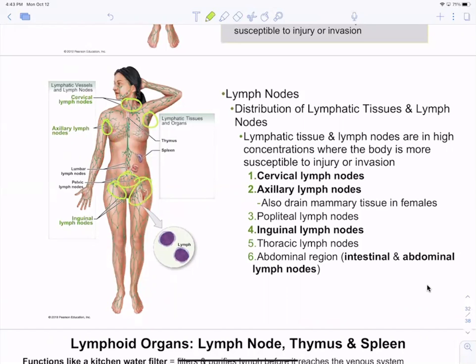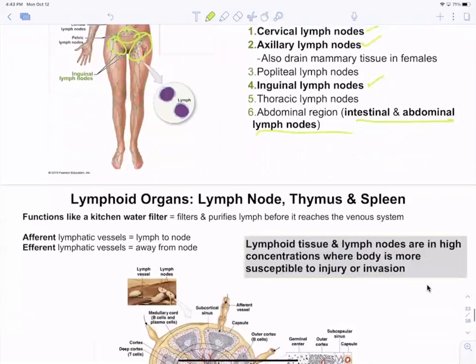So it is trying to make sure that things in the lymph fluid get filtered out or caught before they get to the heart. And so it's a protective mechanism. So we do have a large amount of lymph nodes in the cervical or neck area, in the axillary area of our arm, in the inguinal area where our legs connect to our torso, and in the abdominal area, intestines.